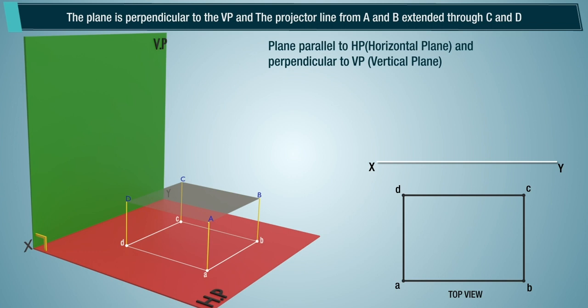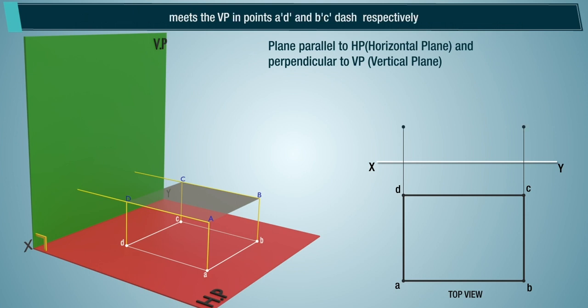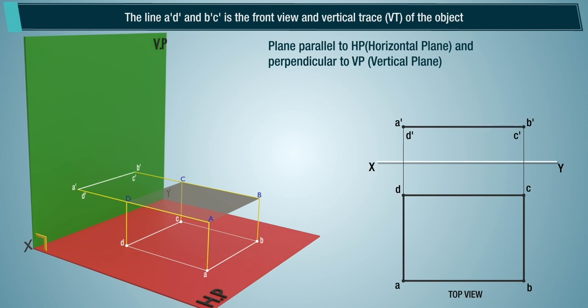The plane is perpendicular to the VP, and the projector lines from A and B extended through C and D meet the VP in points a', d', and b', c' respectively. The line a'd' and b'c' is the front view and vertical trace of the object.